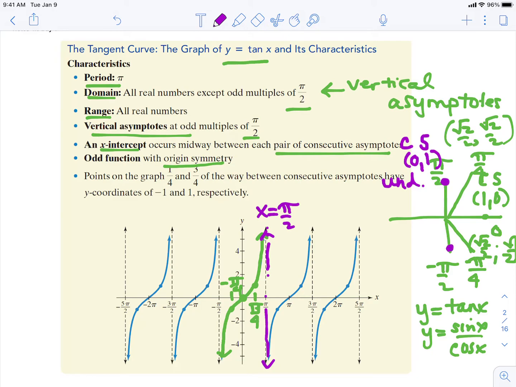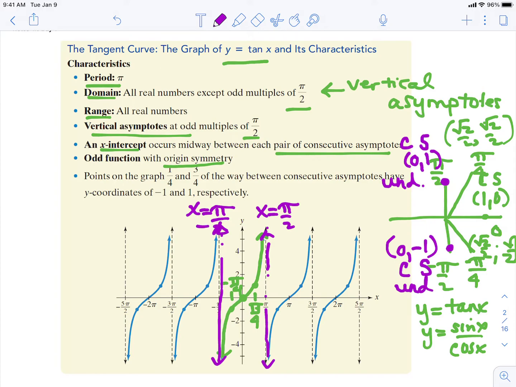If I go down to negative pi over 2, it has the ordered pair 0, down 1. If I take my sine and divide it by my cosine, so negative 1 divided by 0, it's also undefined. So we get another vertical asymptote at x equals negative pi over 2.